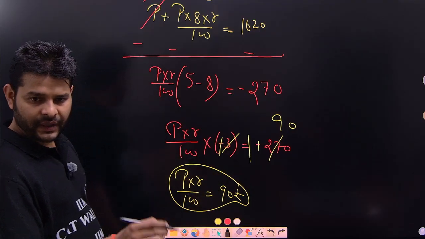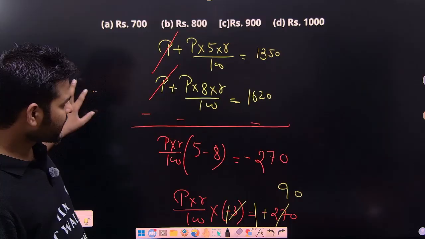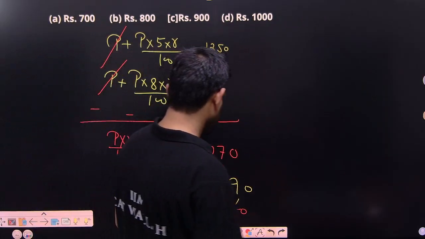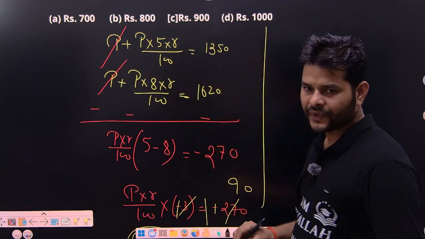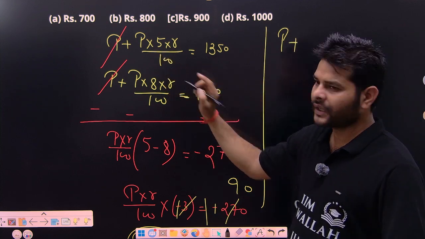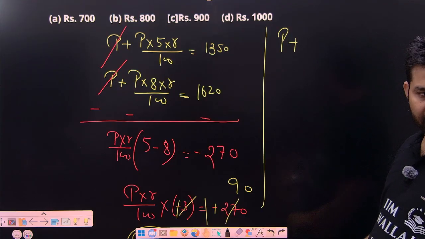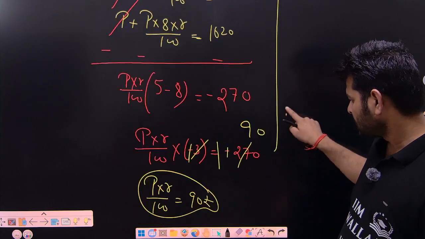And that value we can put in any of the equations. So suppose I take equation number 1 and I put the value of P r upon 100 in equation first. So P plus P r upon 100, that is 90, 900 or 90? 90.